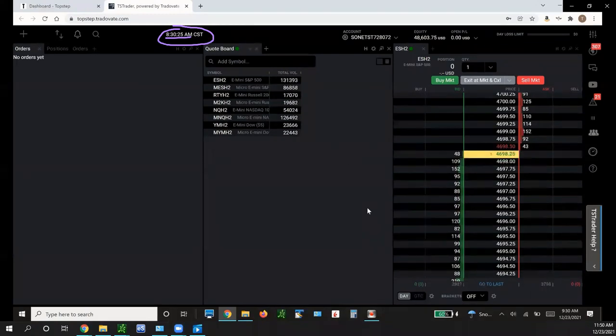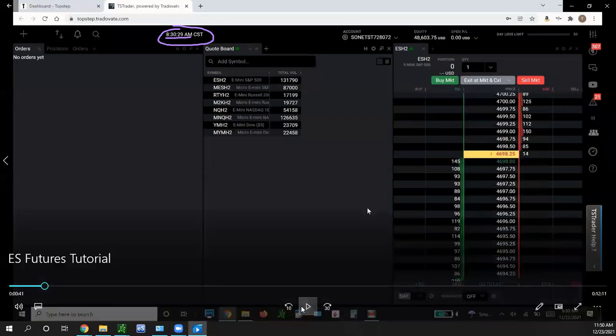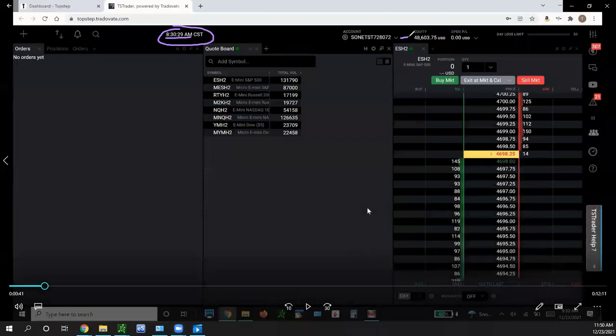Oh, and one last thing that I forgot to point out as we got started here, let me pause this real quick. I do want to point out my starting account balance on the day, 48,603.75. So we'll note that that's where the balance of this account is at before we did any trading. All right, so let me go ahead and now continue the video.